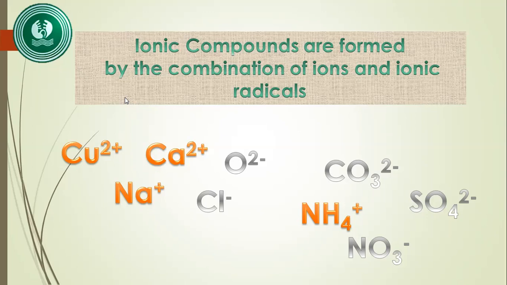And there is another possibility: the simple cation and an anionic radical can combine. There is copper sulfate, you know, and the copper carbonate. And also the cationic radical can combine with a simple anion, chloride or oxide. They form an ionic compound, for example, ammonium chloride.